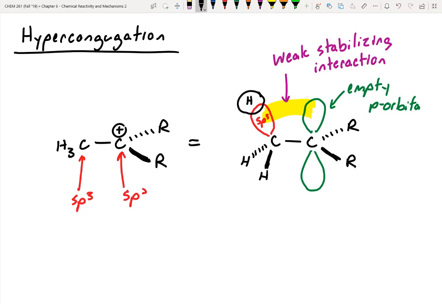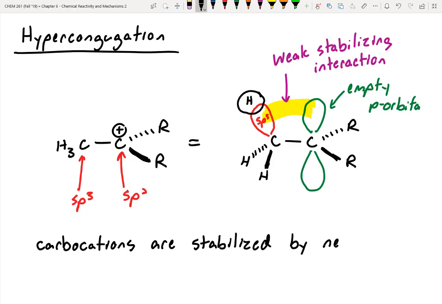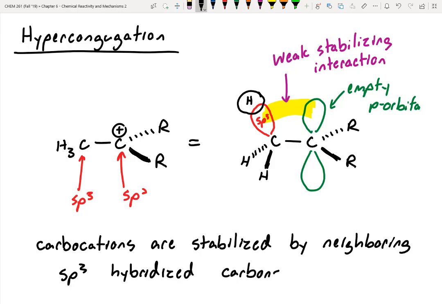First thing is carbocations are stabilized by neighboring sp3 hybridized carbons, because we get more of these interactions.